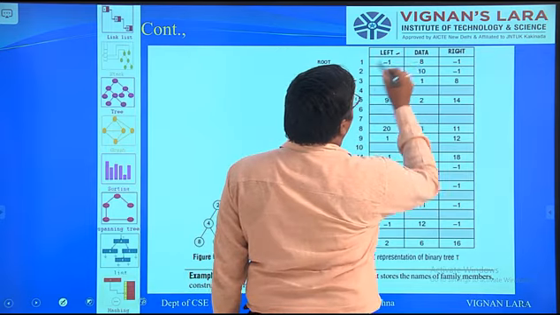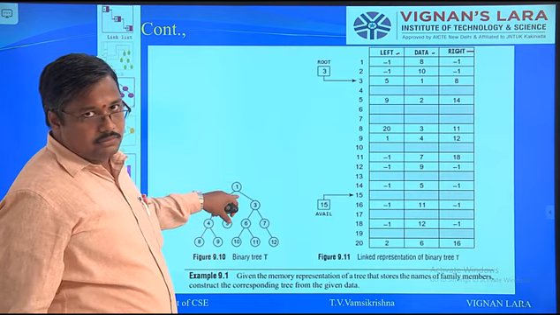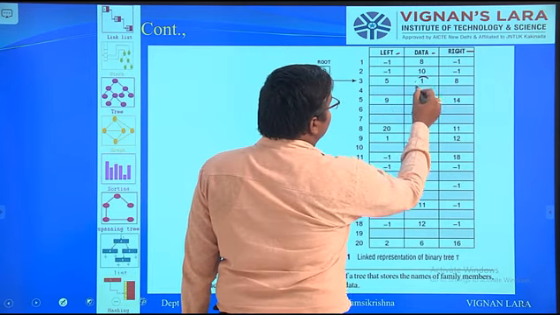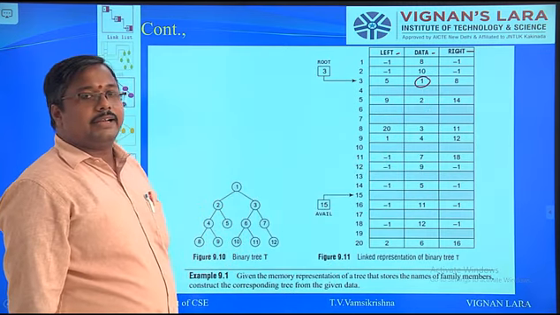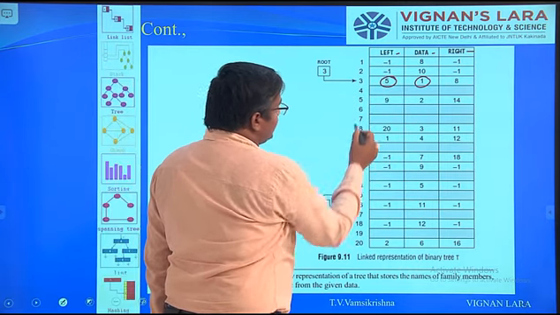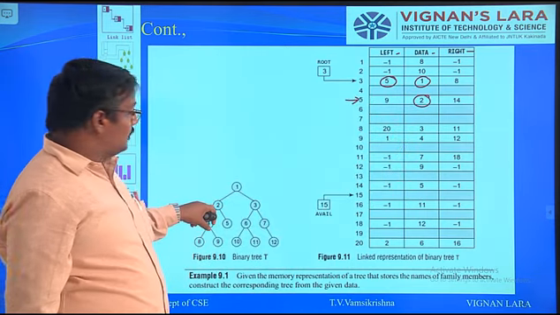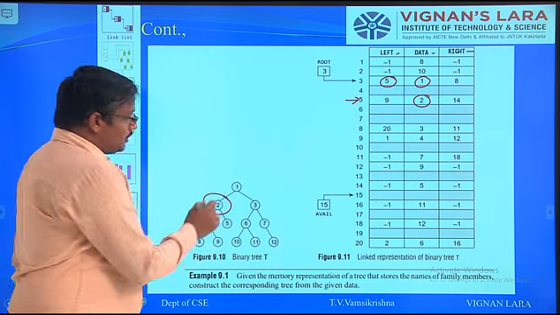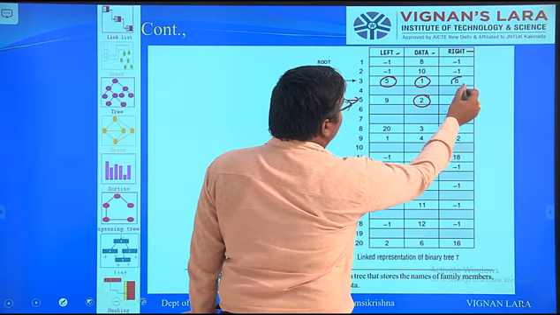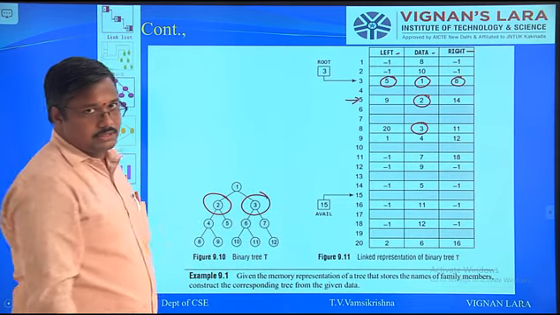So: left, data, and right. Say, for example, this is the tree. The first node is represented like this, with its data. The left subtree address is 5, so this is the left child. And the right subtree value is 8, so in the 8th location, 3 is the right child.